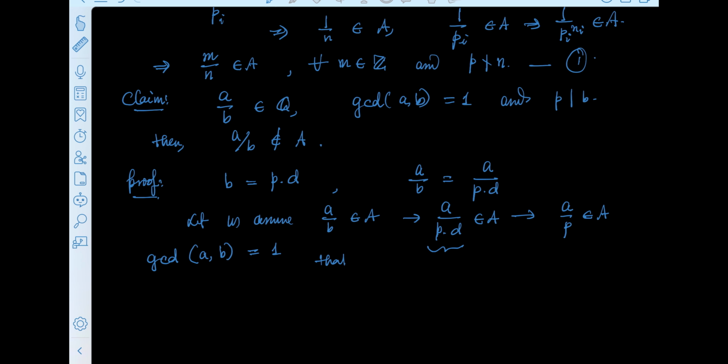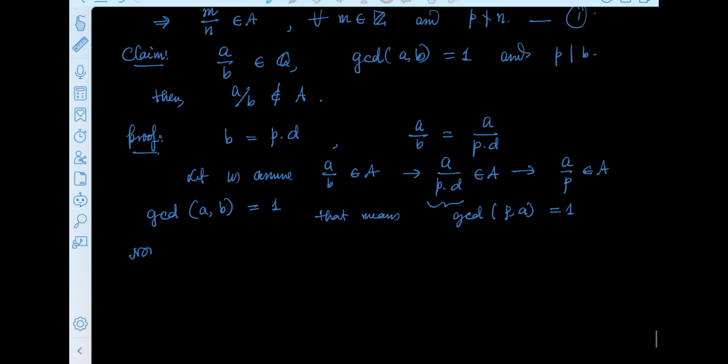That means GCD of P comma A is also 1, because P is a prime factor of B. Now as GCD of P comma A is 1, then we can find integers x and y such that ax plus py is 1.